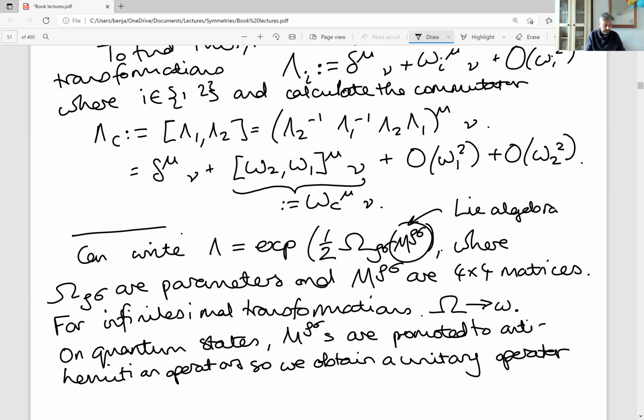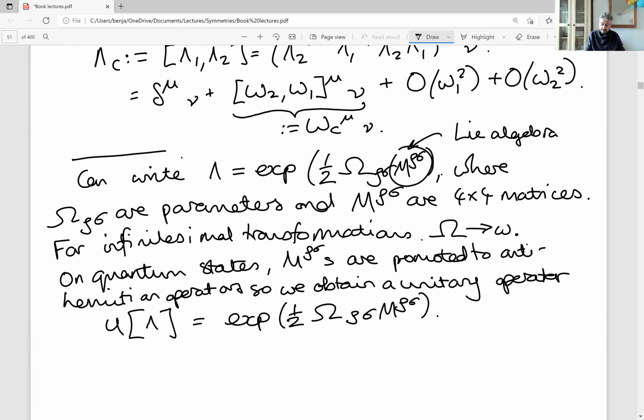So our unitary operator corresponding to this lambda is then still exponential of a half omega rho sigma M rho sigma. Now, we note that from our previous work, when omega is infinitesimal, it's anti-symmetric in rho and sigma, and that's going to be the same for the larger transformations.